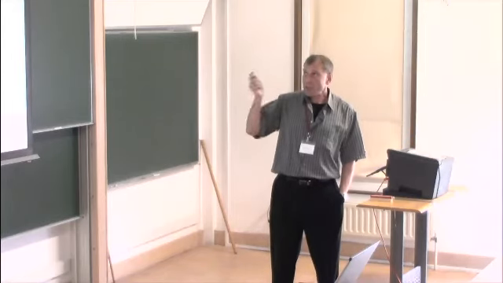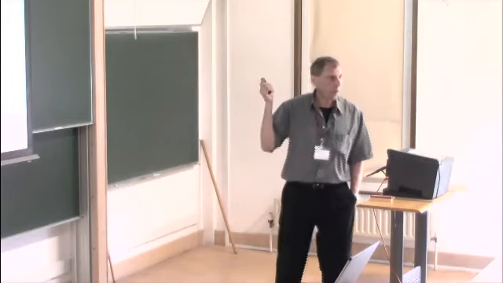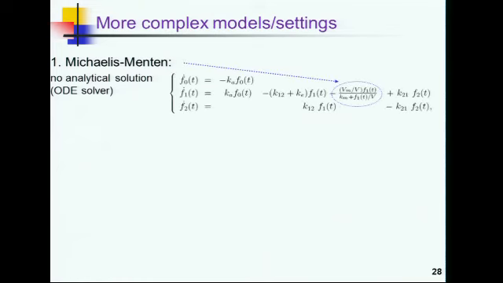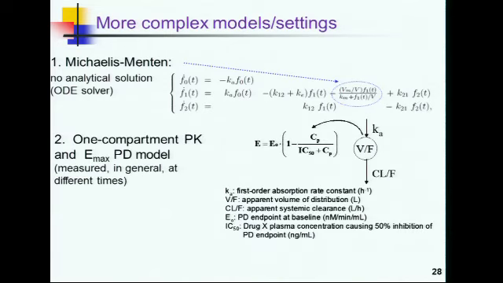We can address more complex models. The first one was the screen with a one compartment model which admits a closed form solution. We can address the Michaelis-Menten model, which is a system of nonlinear differential equations with this nonlinear term. We can address combined PK/PD models, where the output from PK, the concentration, becomes an input into the PD.